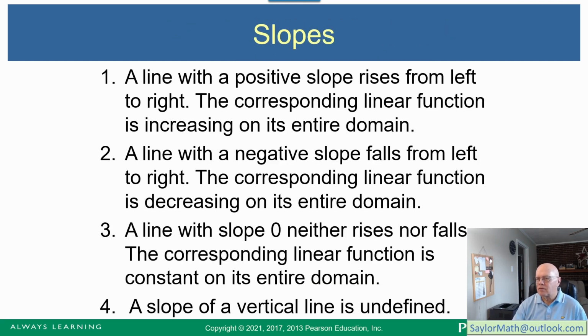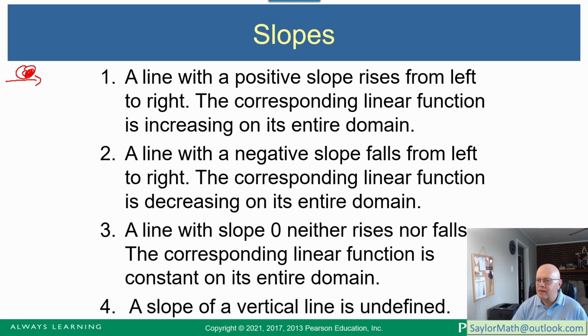So I've described this a little bit before. First of all, think of this as reading a line. You're looking at the line, eyeballing it from left to right, just the way you read. As you're going from left to right, is it going up or is it going down?